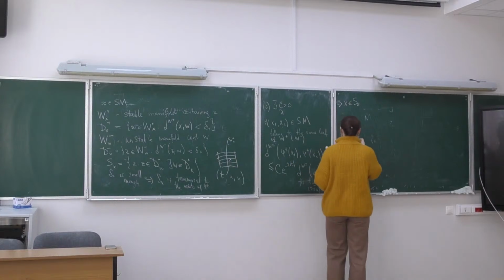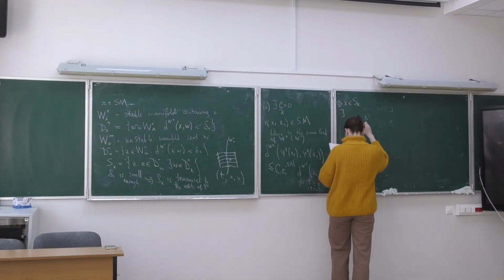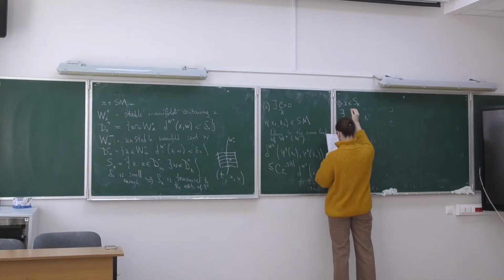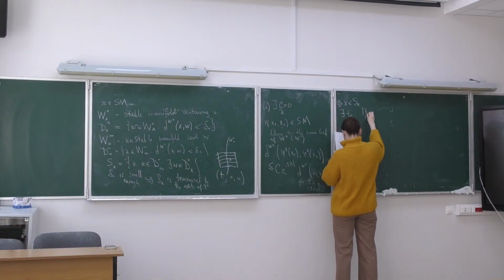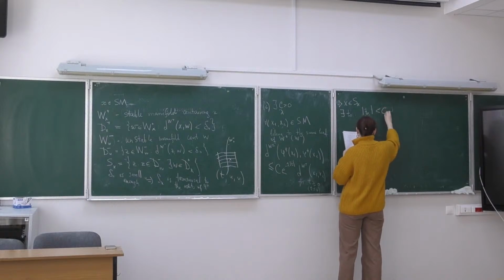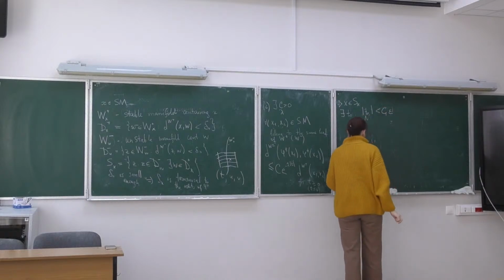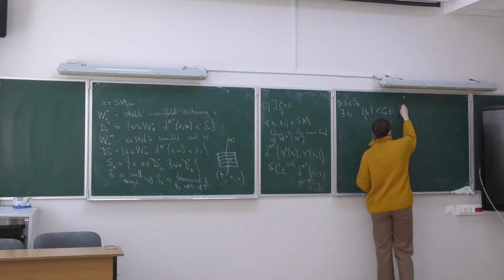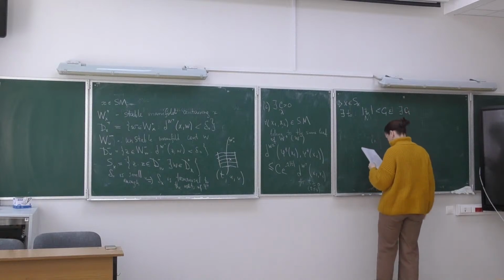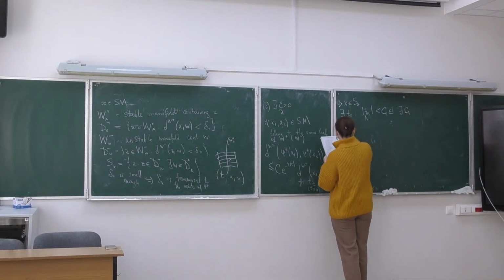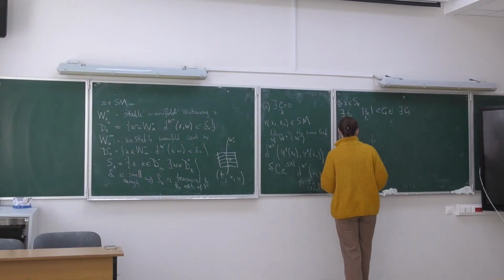Then we claim that there exists T0. T0 can be evaluated as C1 epsilon for some positive constant C1. And what do we want from this T0?